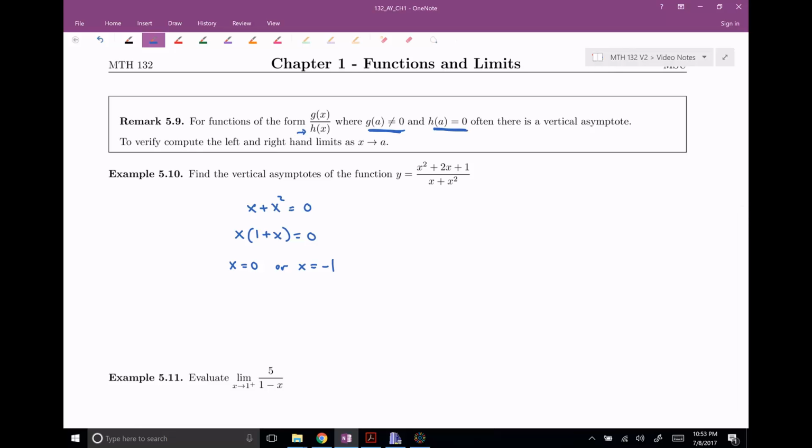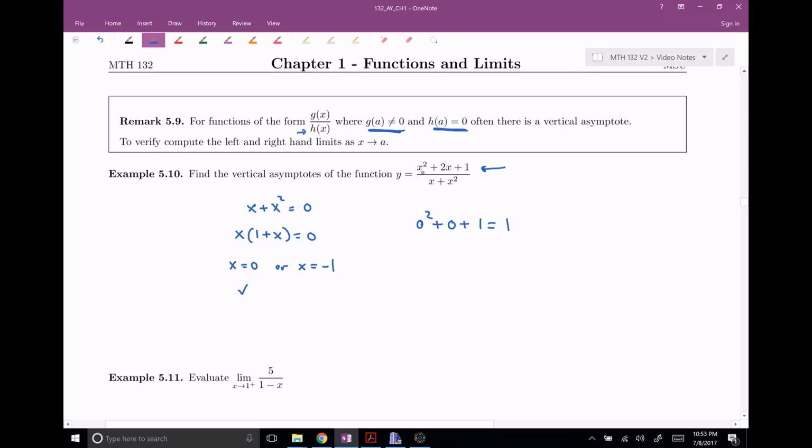But what happens if I plug these into the numerator? If I plug in 0 into the numerator, I get 0 squared plus 0 plus 1, which is equal to 1. That is indeed not equal to 0, so this one passes the test. x equals 0 is going to be a vertical asymptote. How about -1?